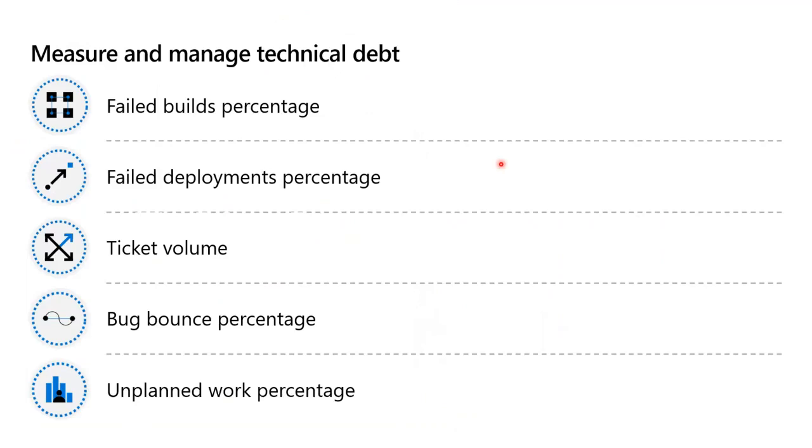By failed deployment percentage, failed build percentage, the ticket volume, the bug bounce percentage, unplanned work percentage, right? So all of these are different indicators that allow us to measure the technical debt.